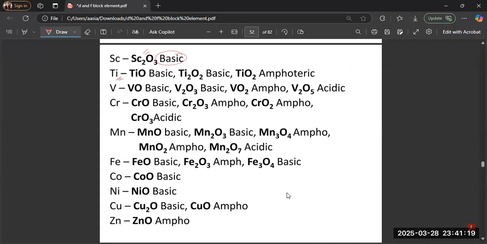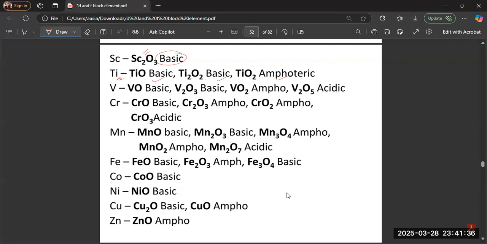For titanium, it is TiO, which is basic, Ti2O3, which is also basic, and TiO2, which is amphoteric, right?